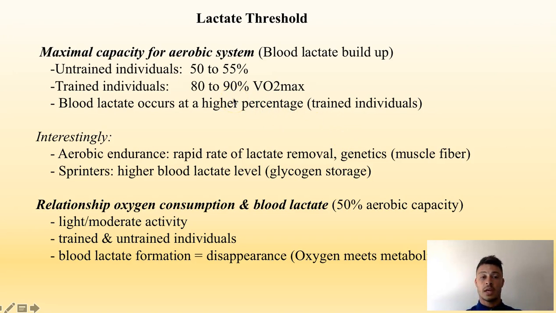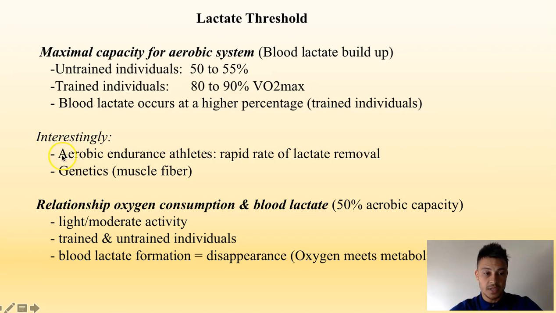For instance, untrained individuals will be exercising at a VO2 max between 50 to 55%, as opposed to trained individuals, where 80 to 90% of VO2 max will be the intensity for a lactate threshold.